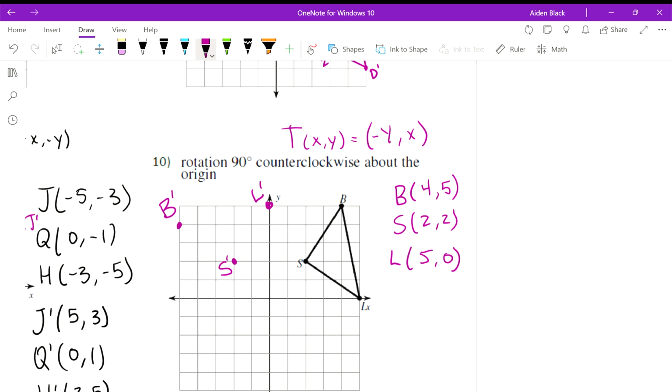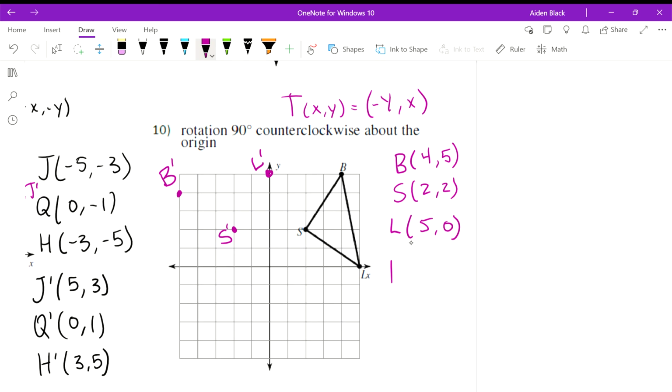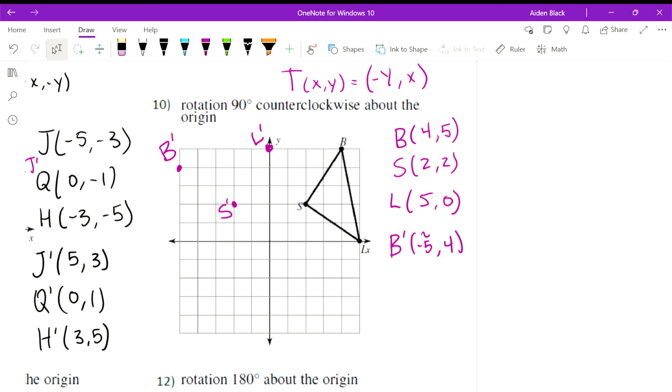How do we do that with B, S, and L? Well, B prime, okay, we take this y coordinate, change the sign, which is negative 5, and we put it in for the x coordinate. So negative 5, comma, and then we just take that 4 and put it in where the y coordinate should be. So change the sign of the y value and switch the two coordinates.